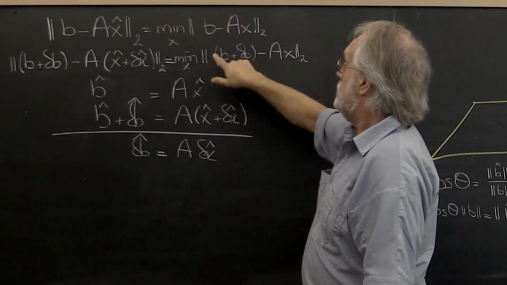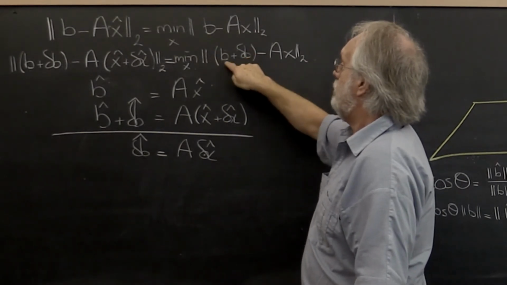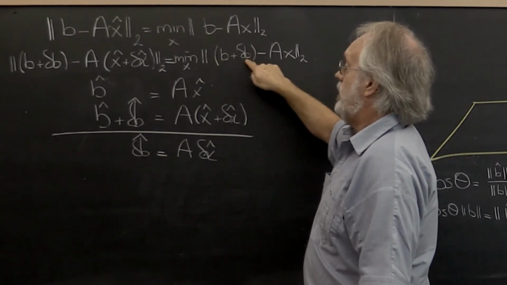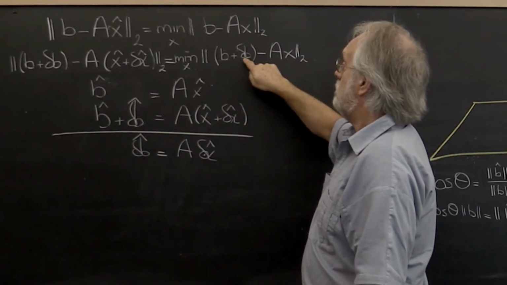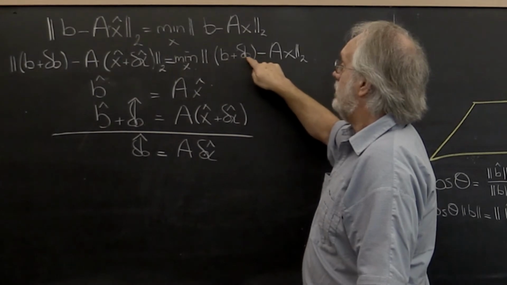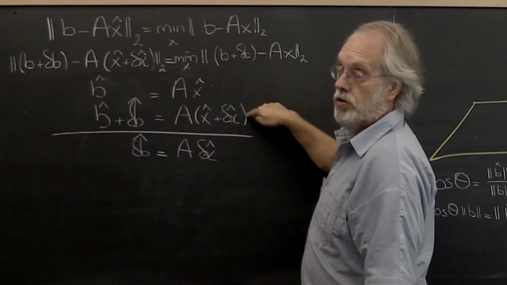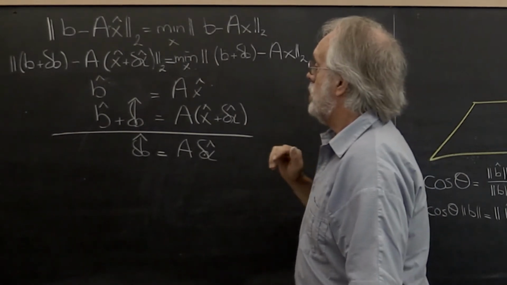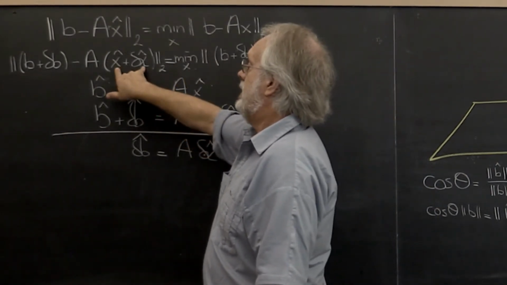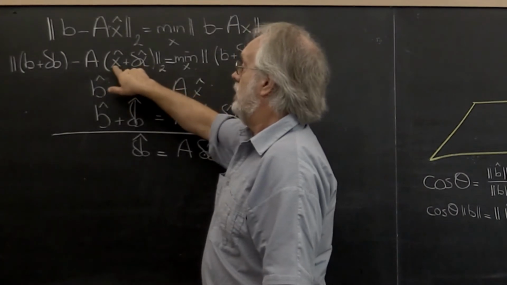And what we now want to do is ask, what happens if we make a minor change to the right-hand side vector b? Let's call that delta b. Remember, we're writing the delta and the b together to indicate that this is a whole vector of small changes. What we then get is a change in the solution.